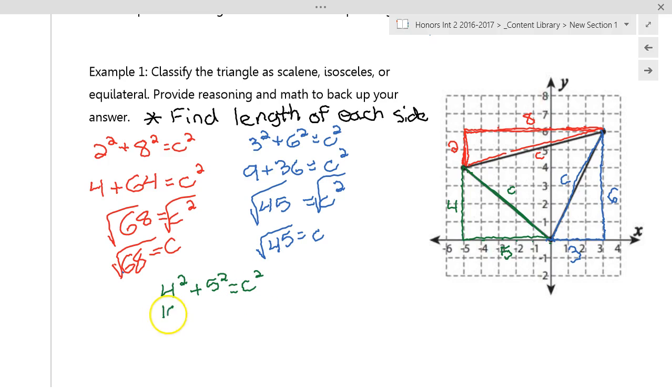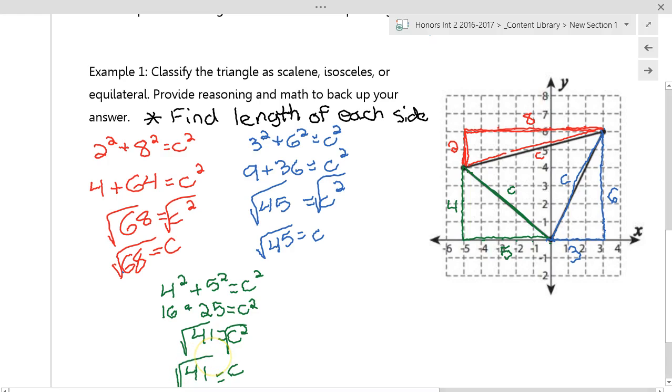So that's 16 plus 25 equals c squared. When I add those together, I get 41. Take the square root. So c equals the square root of 41.